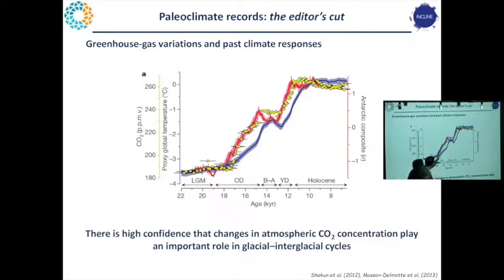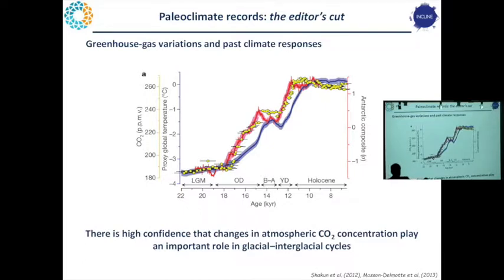Note that CO2 starts to increase more significantly before temperatures. So this is a very important piece of information to tell us that changes in atmospheric CO2 concentration play an important role in glacial-interglacial cycles.